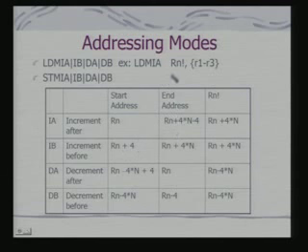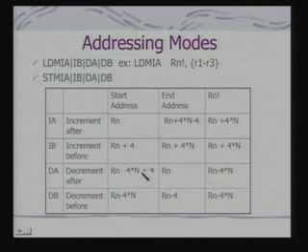So, the base address is added with the offset 4, and then the first register value is transferred. Here the end address would become Rn plus 4 into n, and the final value of Rn will be Rn plus 4 into n.